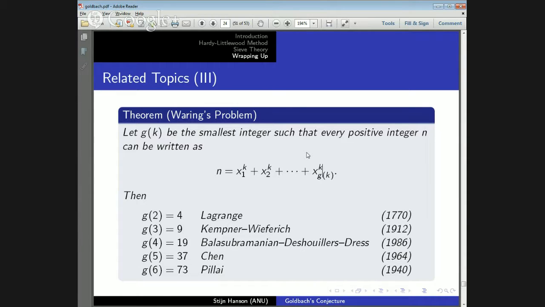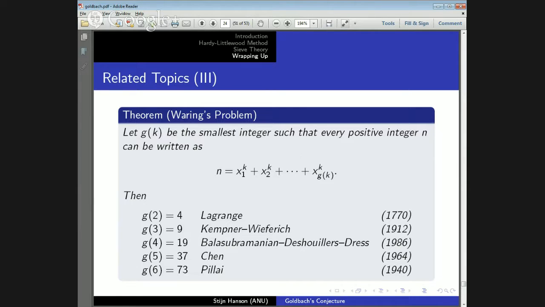So Lagrange proved back in 1770 his 4-square theorem, showed that every natural number can be written as the sum of 4 squares, or at most the sum of 4 squares, because we'd also allow 0 to be in there. And it's trivial to see that if you go through the integers and count up how many squares you need to express them, you'll pretty soon come upon 7, which cannot be written as the sum of 3 squares.